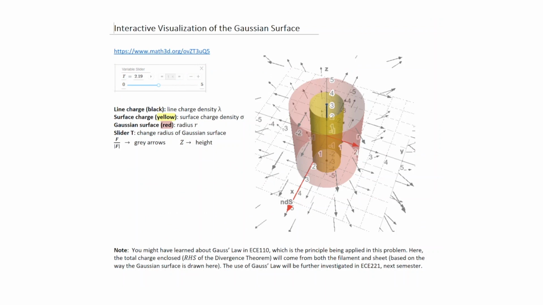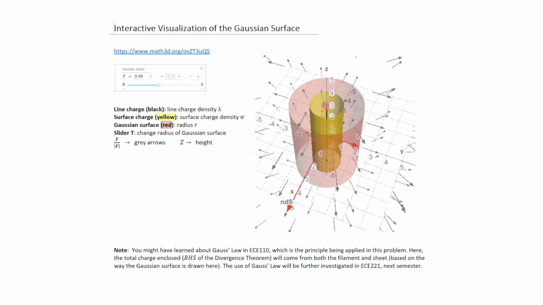All right, so this is an interactive visualization of the Gaussian surface. This slider basically allows you to move this Gaussian surface in and out. This Gaussian surface has a top face, a bottom face, and the exterior cylindrical surface. And so you can play with it.